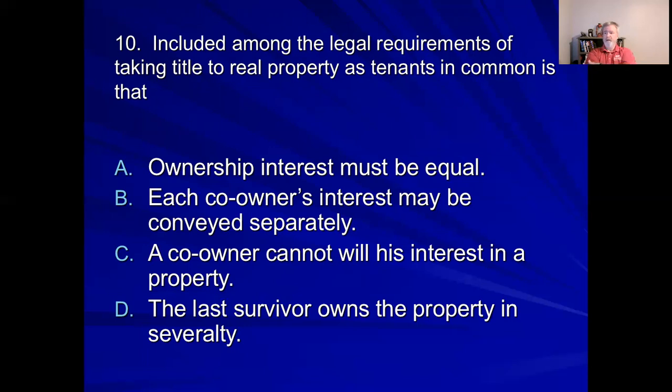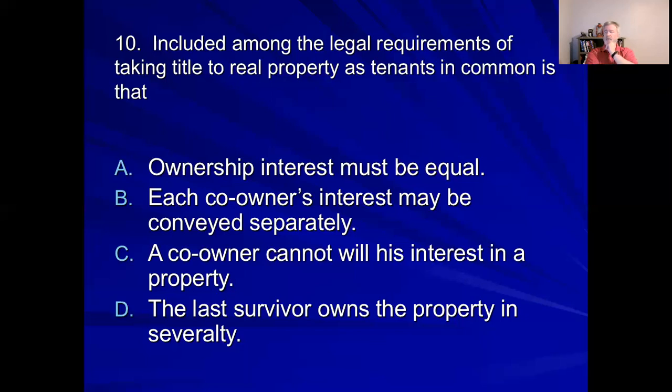All right. B, each owner's interest may be conveyed separately. Remember, we said as tenants in common, each owner will have their own title reflecting the amount of interest they own. That is conveying interest separately. So B sounds like a good possibility here. C, a co-owner cannot will his interest in property.